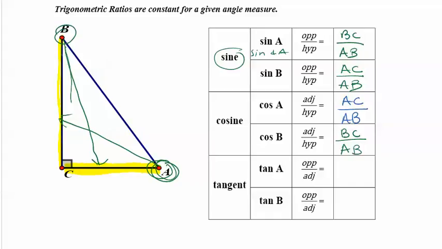What we've learned is that the sine compares the opposite side to the hypotenuse, and the cosine compares the adjacent side to the hypotenuse. We can remember it by saying sine is opposite over hypotenuse, and cosine is adjacent over hypotenuse. So we use the abbreviation ADJ over HYP for cosine, and OPP for opposite and HYP for hypotenuse for sine.